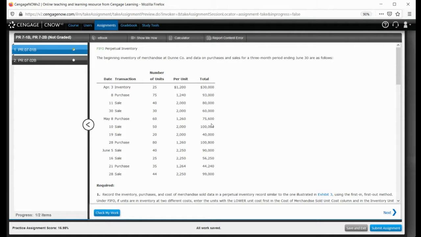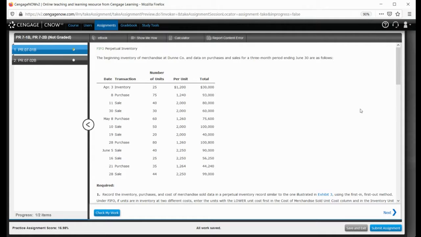Now, last chapter you learned to record that purchase in a journal, so in this chapter they're assuming that you already know how to do that. But for review, what we would do is we would debit our merchandise inventory for $75,600, and we would credit our accounts payable for $75,600. This would be the journal entry that we would use to record the purchase.